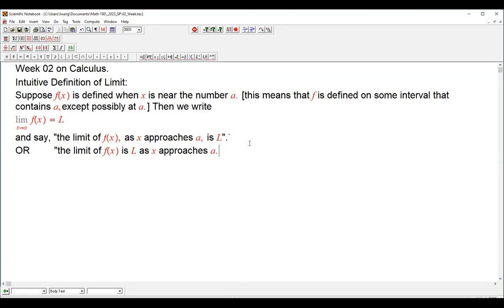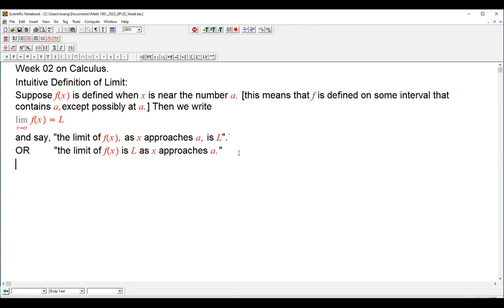So these are different ways to say it, and there are other ways as well. Whenever you see this notation, you would say the limit of f of x as x approaches a is L, or the limit of f of x is L as x approaches a.